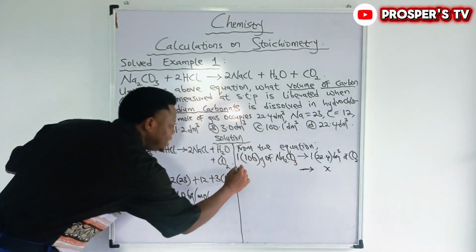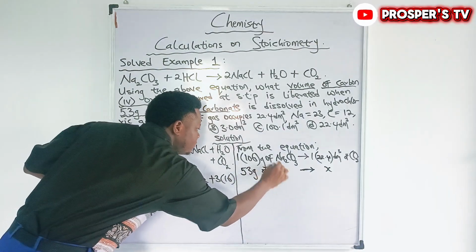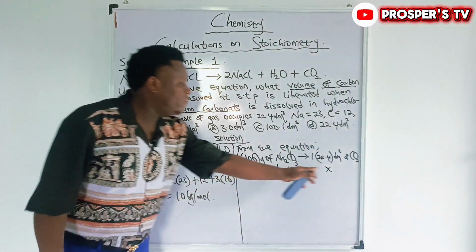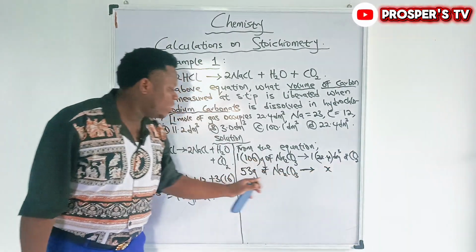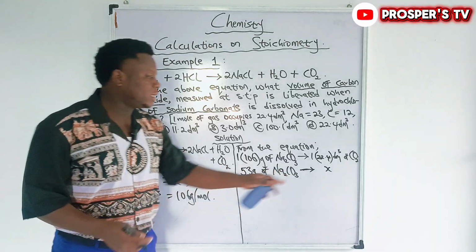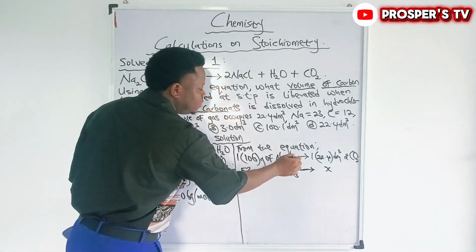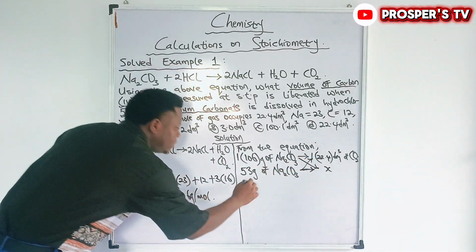So for sodium carbonate, we were given 53 grams of Na2CO3. So I am taking the volume of carbon dioxide produced when 53 grams of sodium carbonate reacts as X. Once you arrange your stoichiometry like this, the next thing you do is to cross multiply, and then you make X the subject of formula.